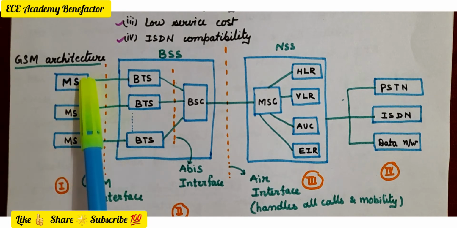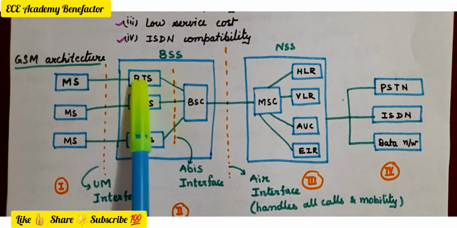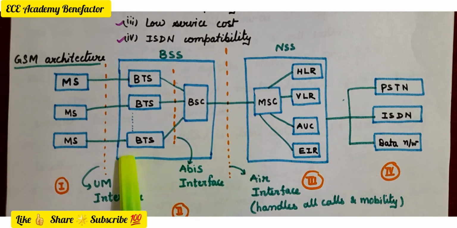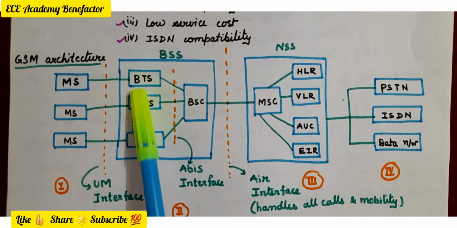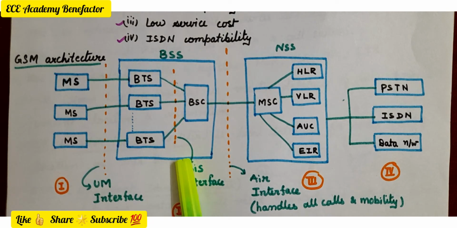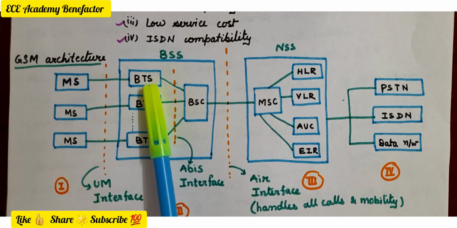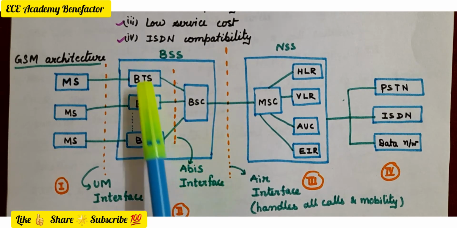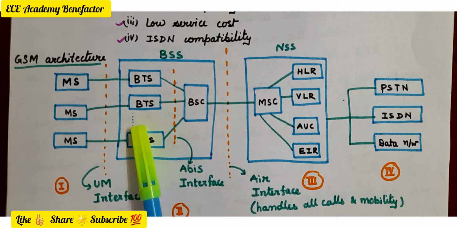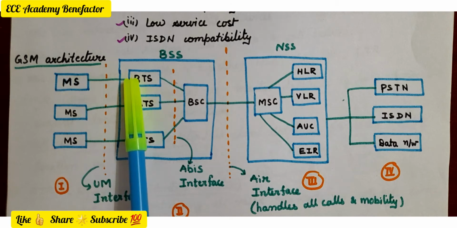From this mobile station it is connected to the BTS of one cell. One coverage area will have a number of BTS. A coverage area is divided into cells, and each cell has one BTS at its center. So, the coverage area can have n number of BTS, and these BTS communicate with the mobile station.